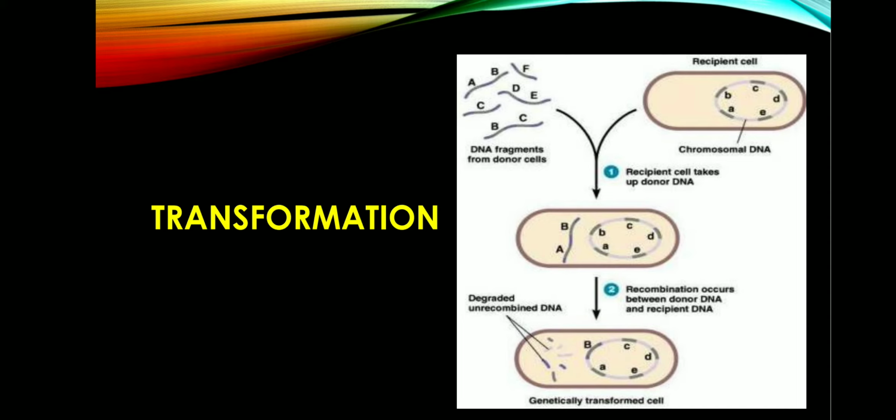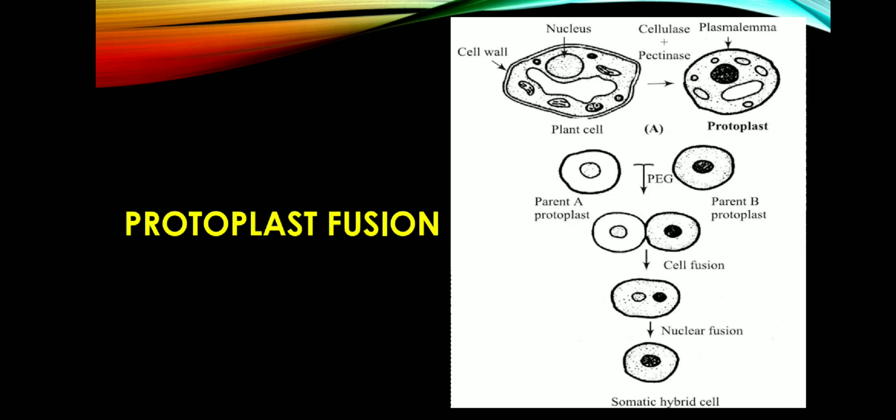However, we can go for protoplast fusion, which is an in vitro condition wherein the recombination process can be brought together. So protoplast fusion is a technique wherein recombination can take place. Here, we are going to take two cells.